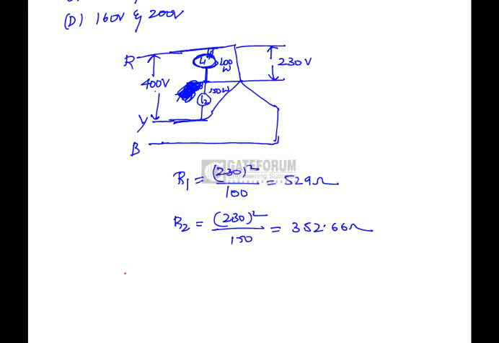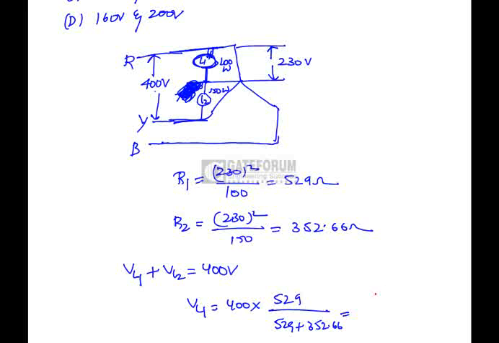Now if the neutral wire is disconnected, these two lamps are connected between two lines. So the sum of voltages VL1 and VL2 is equal to the line voltage, 400 volts. Now what is VL1? Just like the voltage division rule, VL1 is 400 times 529 by 529 plus 352.66 ohms, which is around 240 volts.